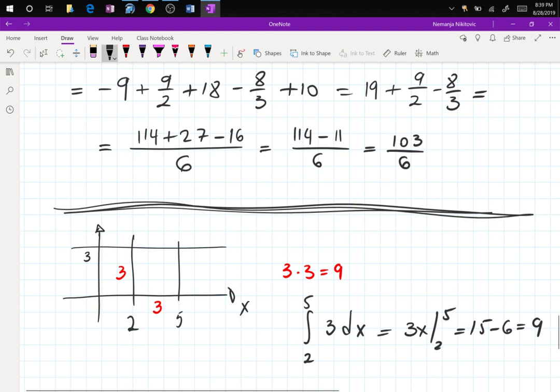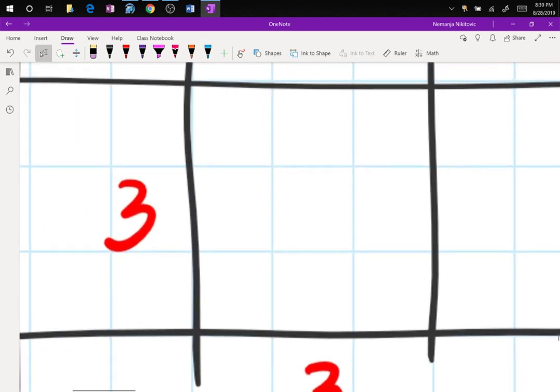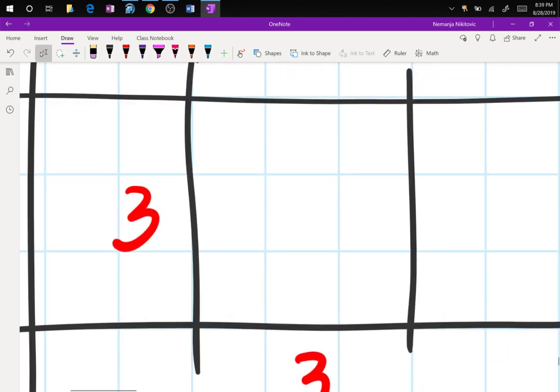Let's say you're tutoring a kid, right? And you say, oh yeah, 3 times 3 is 9, and the kid goes, why? There you go. How else do you describe why water goes downhill, right? But let me zoom in. How many squares do we have? We have 9 squares, right?